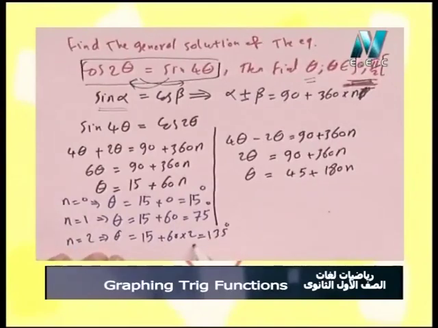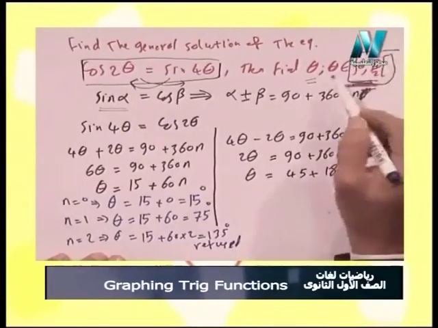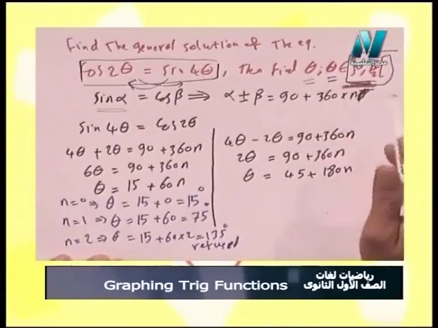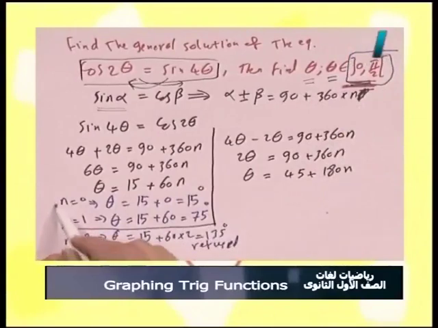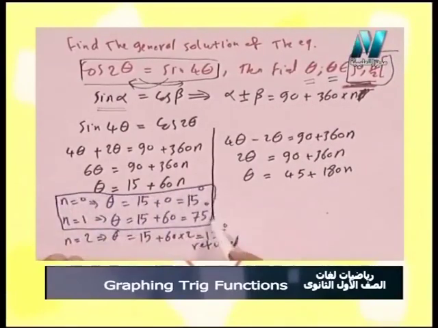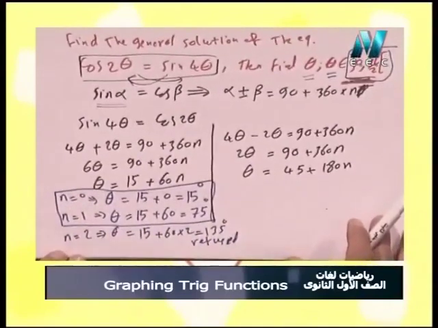And it's refused. Why is it refused? Because he asked me to find theta between 0 and 90. So we will take the solutions of this part only. We have theta equal to 15 degrees here and 75 degrees here.